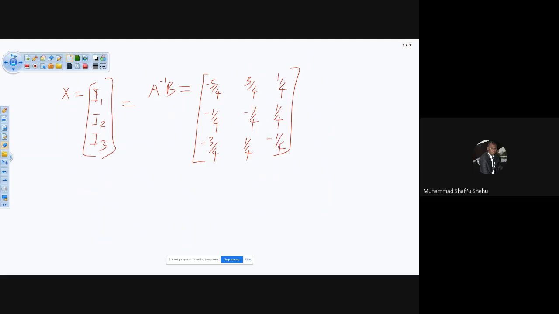So we multiply it by the B matrix, which is 0, 0, and minus 10.